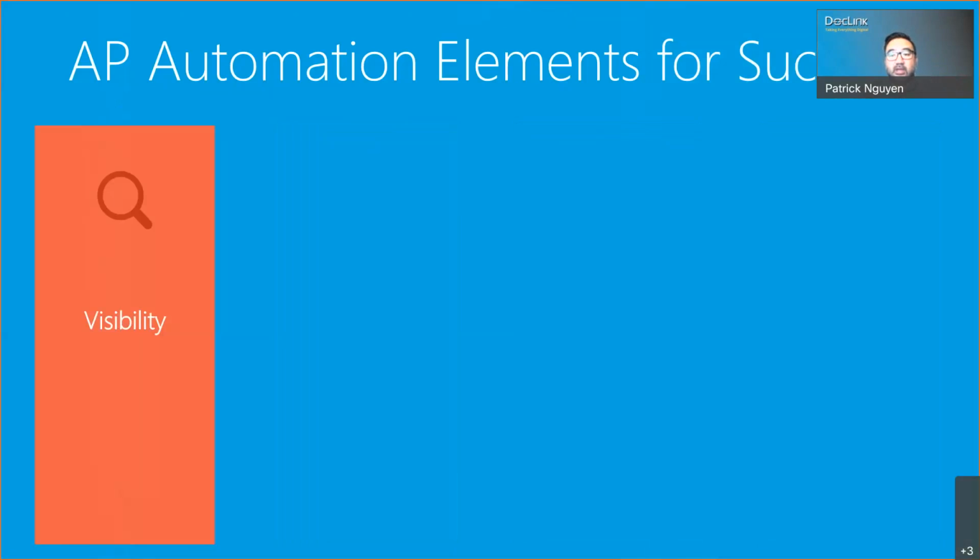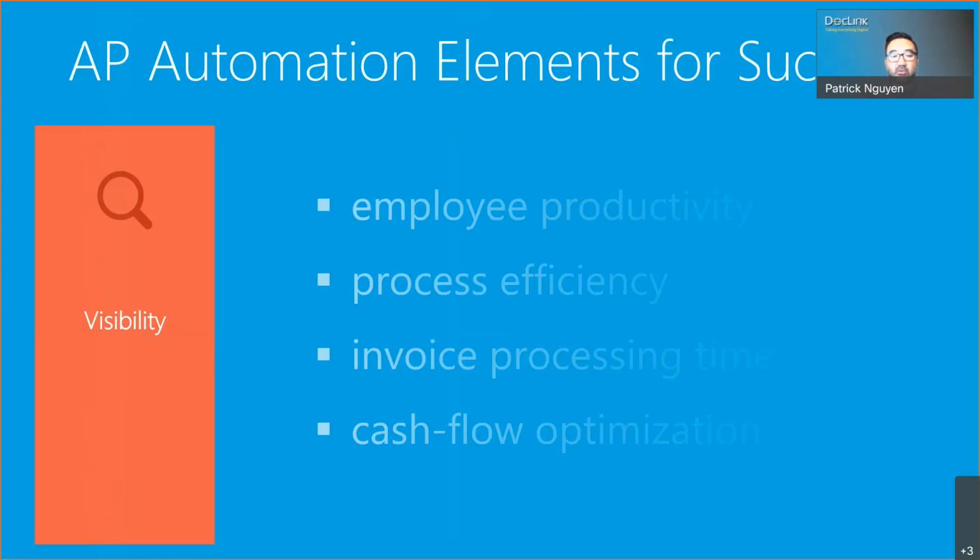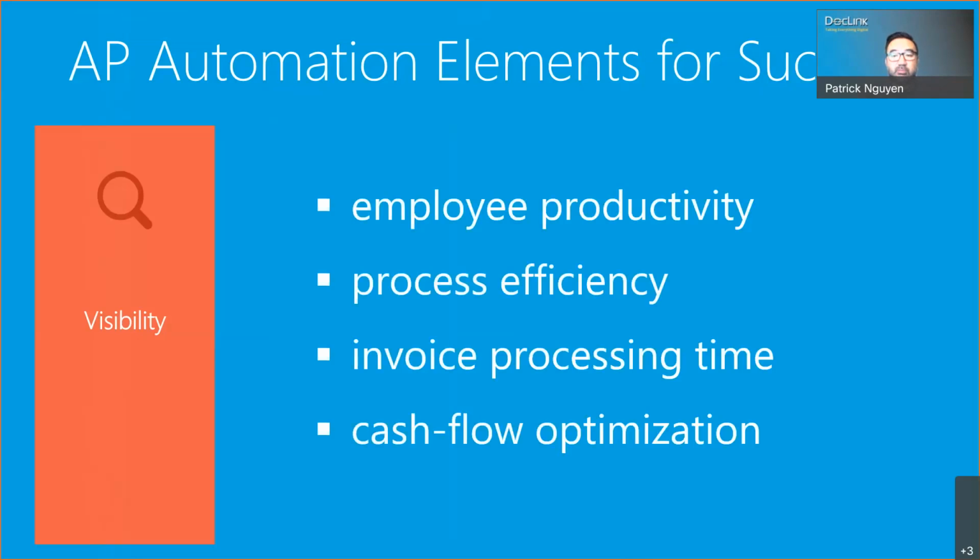So in the current AP world, there are these 4 elements, but visibility is so important because having visibility to where an invoice is in its approval process, who approved it, who still needs to approve it throughout your organization, because invoices can be approved by any manager in all different departments. So it's important to have that visibility and productivity in your organization and process efficiency in place, which in turn saves you time and money.